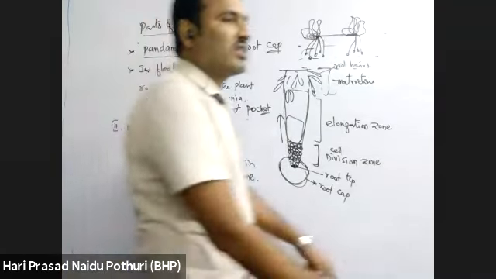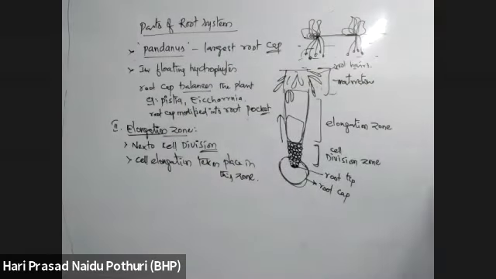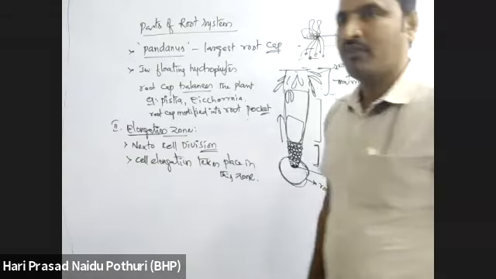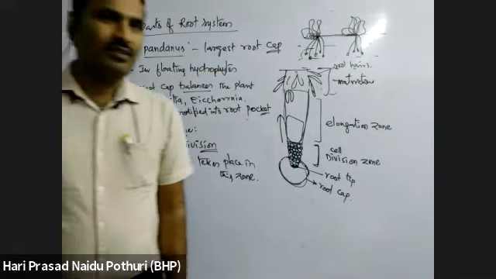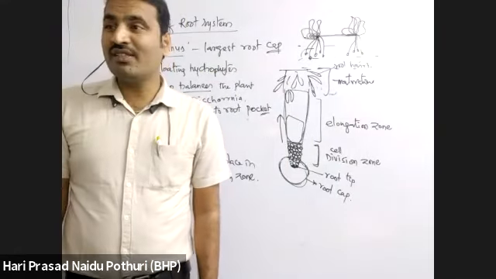Cell elongation. Cell is elongating means it is increasing in its size. Increasing in size means what happens? Cell growth. After cell division, growth takes place. Cell division we discussed already.